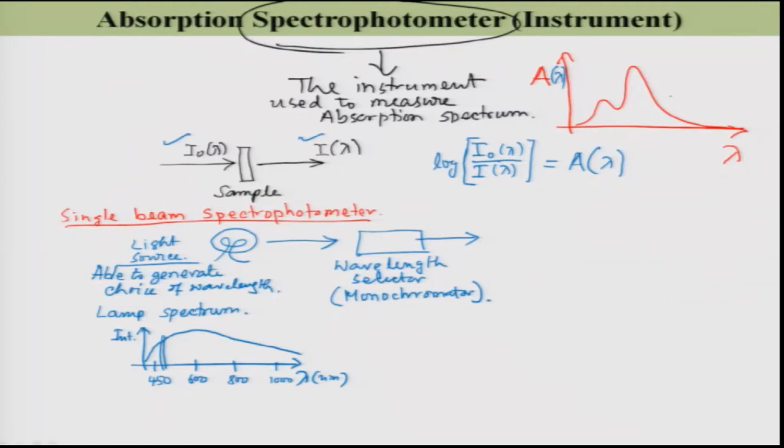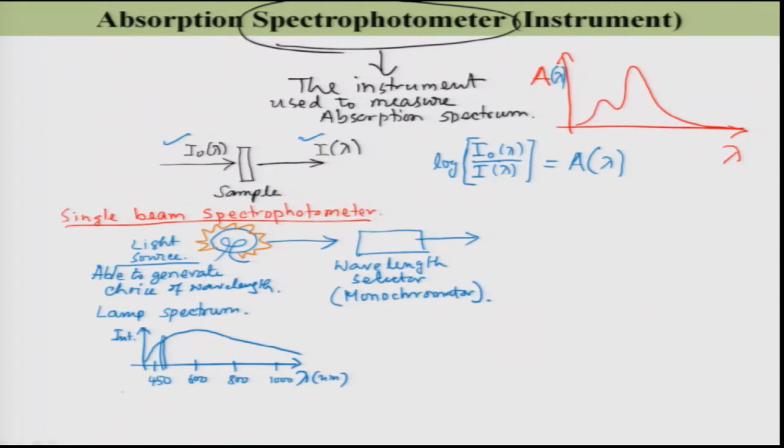So, I have started with this normal lamp, a tungsten lamp in this case, and this tungsten lamp is glowing. As I mentioned last day, the wavelength of light emitted by this tungsten lamp is really wide, starting from 450 to 1000.